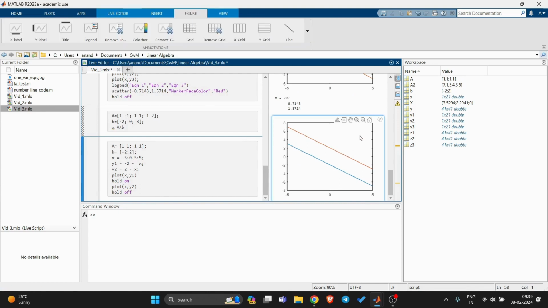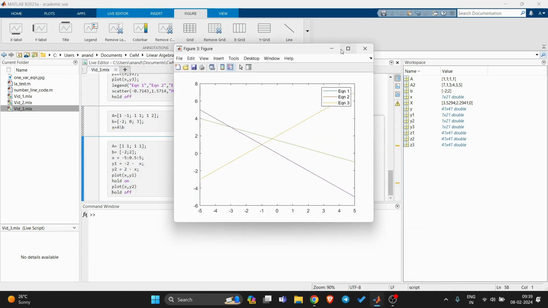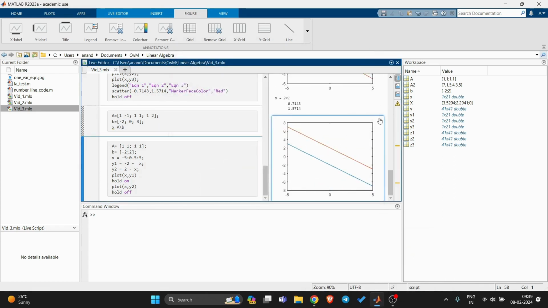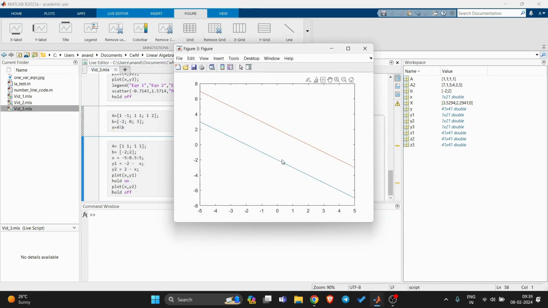So as you can see here, both lines are parallel. When we plot this, the system of equations is represented by two parallel lines. Therefore, there is no point of intersection or solution to the system of equations.